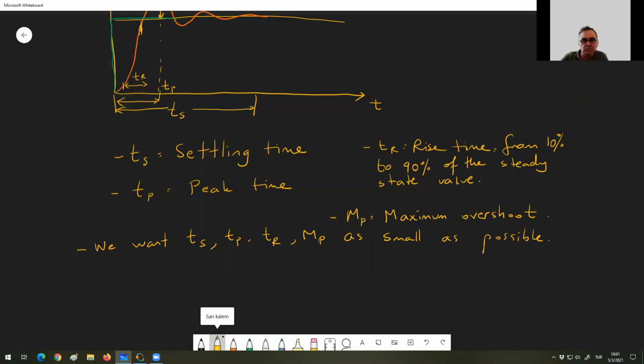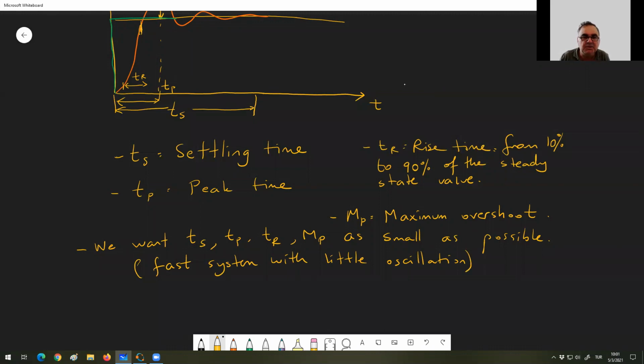So if you try to obtain that, you have to increase the controller gain too much, but that causes problems like stability or saturation and so on. So we want a reasonably fast system with little oscillation, as much as possible.